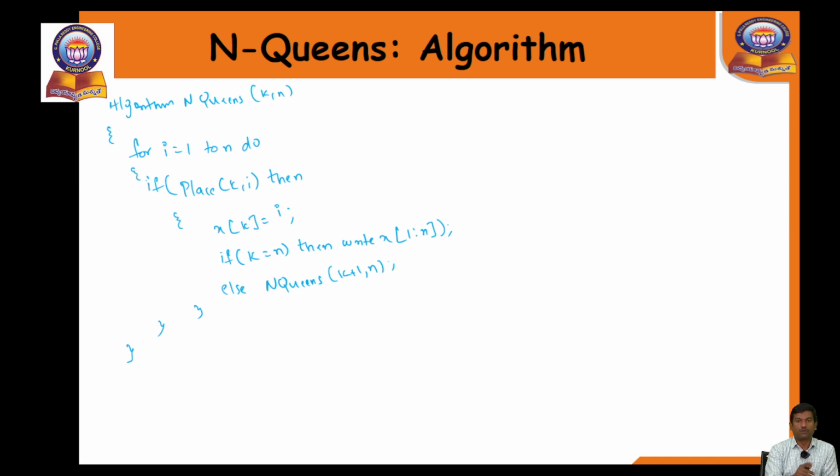That is, q1 can be placed in your second cell, first row, second cell, and so on. Similarly, in the n queens algorithm, you are starting from i equal to 1 to n, the number of queens present, and you are identifying by placing the value of k in the respective position i, whether it leads to the solution or not.